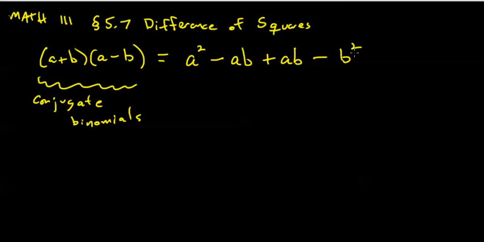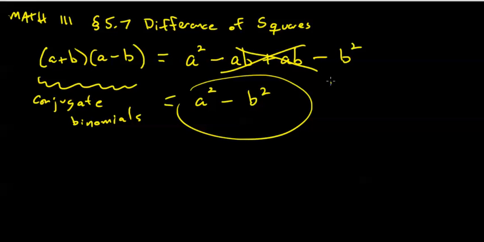And when we combine the like terms, minus ab and plus ab are like terms, and they are indeed opposite terms. So when I clean this up to get a final response, I get a squared minus b squared. I call this a difference of squares pattern.